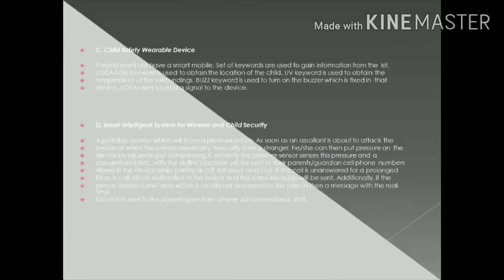Additionally, if the person crosses some area which is usually not accessed by the person, then a message with the real-time location is sent to the parents and guardians via conventional SMS. So these are the literature surveys.